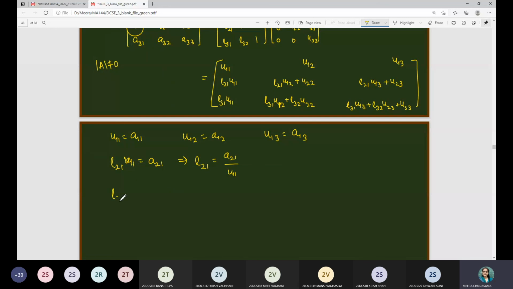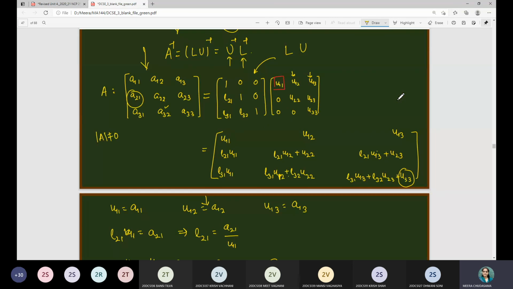Similarly, L21 U12 plus U22 is equal to A22, which is known. L21 you have just found in the previous step, A21 upon U11, into U12 which is known from the earlier step, plus U22 is equal to A22. So this is known, this is known, this is also known, so you will get U22. The same thing you can apply for all the elements. Finally you will have the answer for U33.